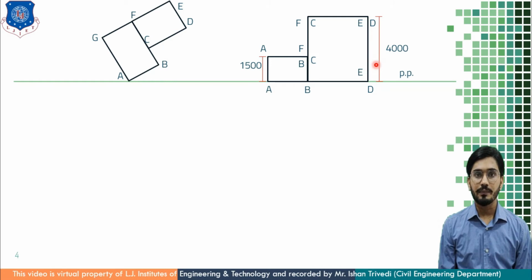Here the face of the object is AB, which makes an angle of 30 degrees to the picture plane, and I am plotting a line parallel to that AB line, passing through SP and connecting to the picture plane.